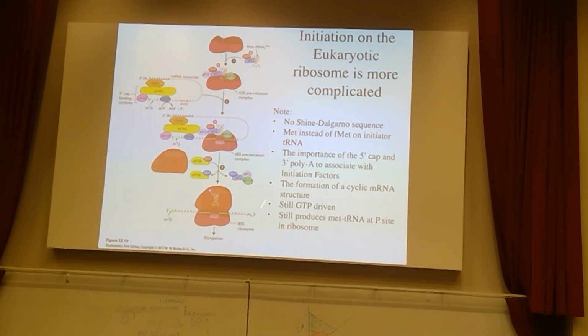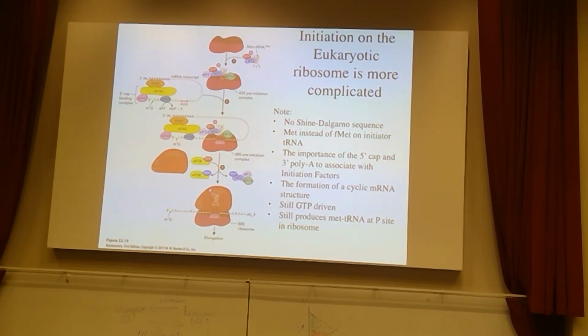This is also an energy-driven process, and so once we've gotten the mRNA associated with a small subunit, initiation factor 2 can hydrolyze its GTP to GDP, providing the energy to drive off the other initiation factors, and it brings in the larger ribosomal subunit to complex with the small subunit, creating the intact ribosome that's now capable of carrying out its synthesis. Okay. So a little bit more complicated in the eukaryotic system, but the rudiments are still the same.